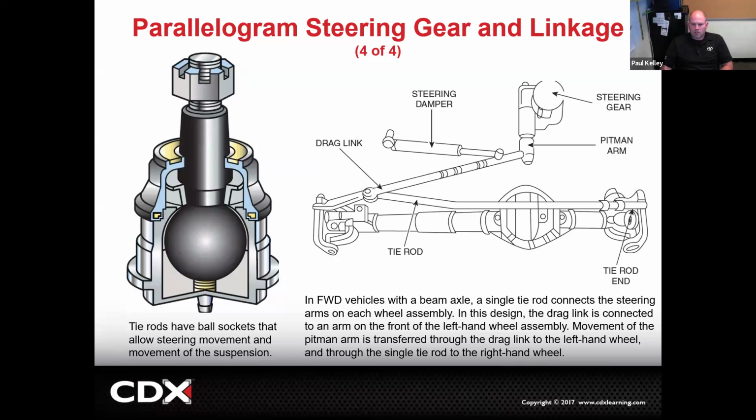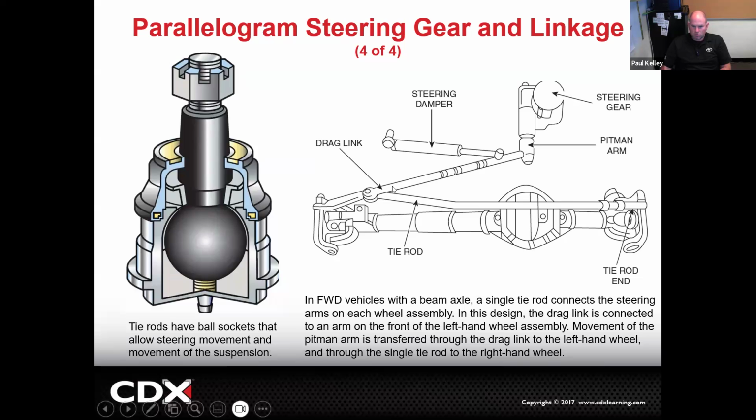Now, in this design, it's a little strange. They can vary. I actually did an alignment on a Wrangler and videoed it just for you, so you can understand if you ever have to do one of these alignments, it's very different. It has a tie rod end here, but it has more of an adjustment, like this is the tie rod end, and there'll be one adjustment right here.